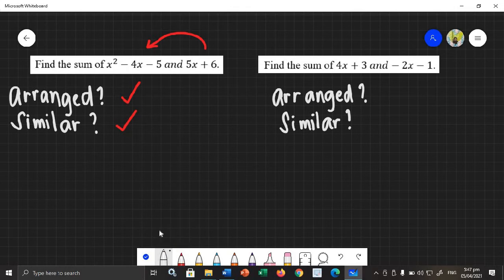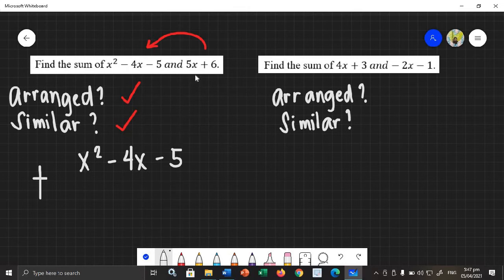So, this given, we cannot solve this given like this, no? So, we need to rewrite our given in vertical form. So, mauuna, of course, yung unang given. So, we have x squared minus 4x minus 5. And then, we need to make sure na magkakatapat yung magkakamukha ng literal coefficient.